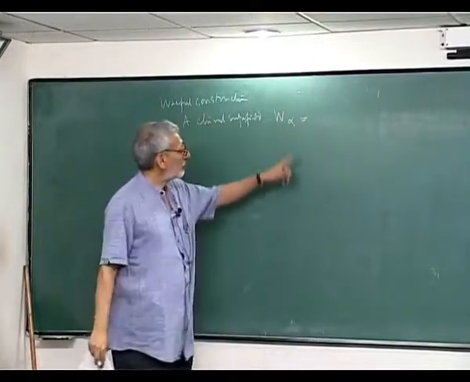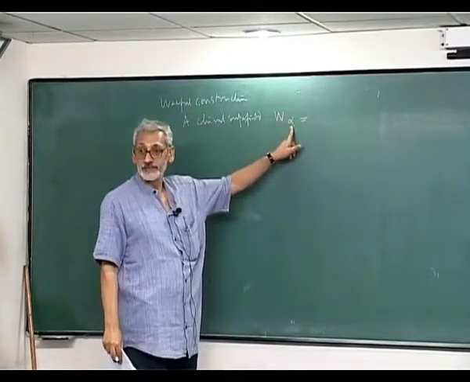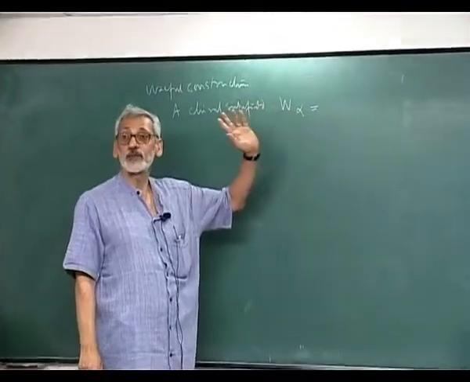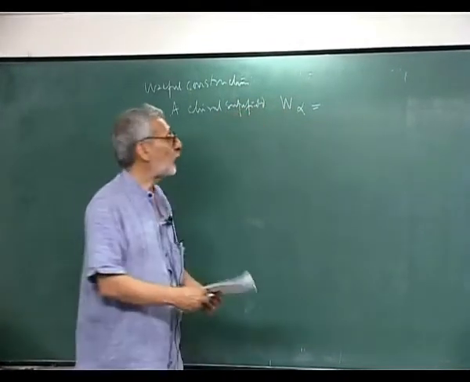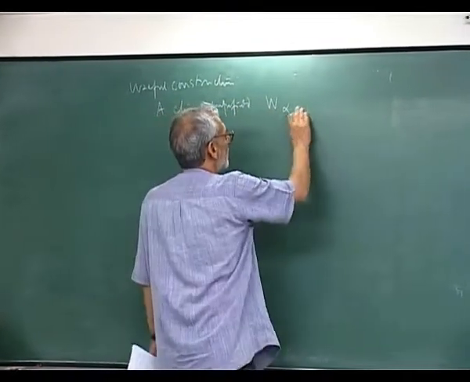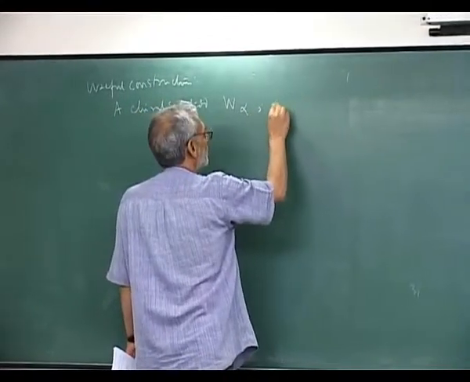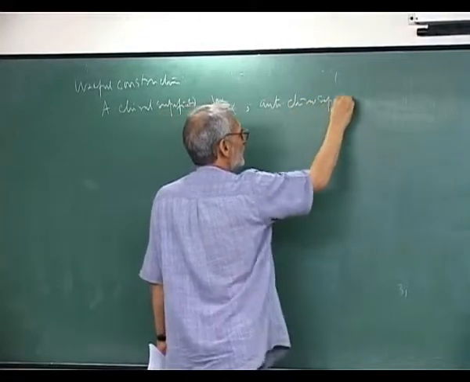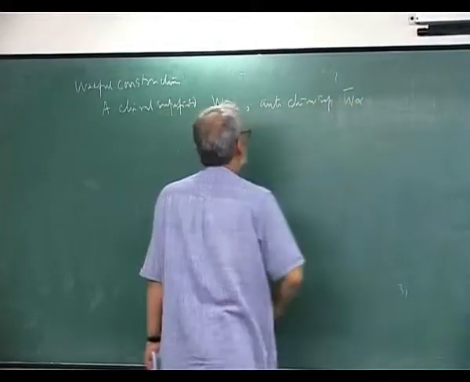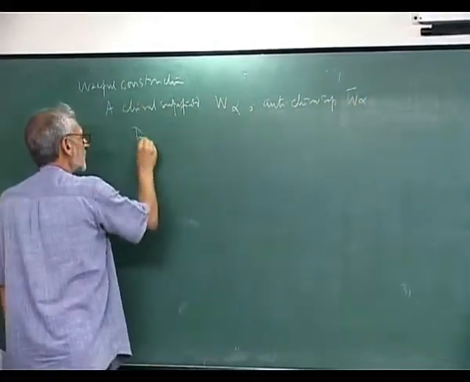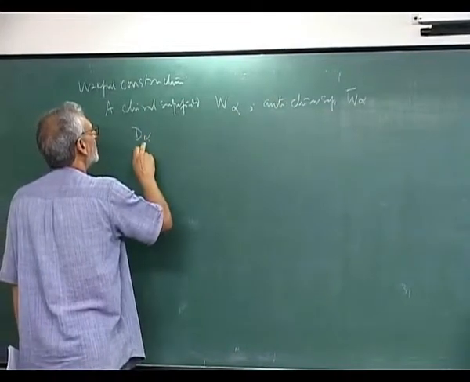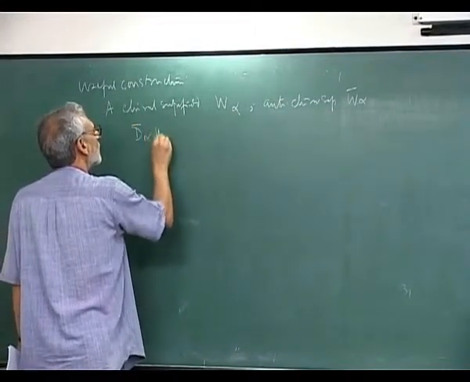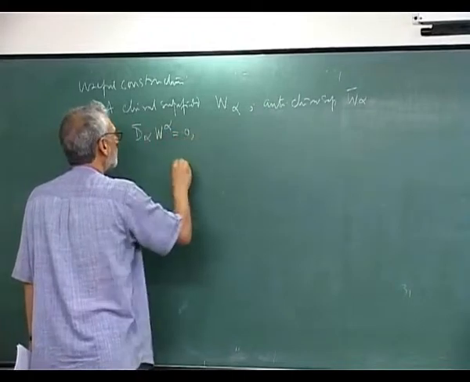It's a superfield with a spinorial index, and it's a chiral superfield. What does a chiral superfield mean? W and an anti-chiral superfield, W bar alpha dot, satisfying D bar alpha dot of W alpha is 0.